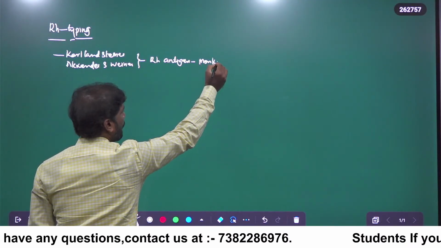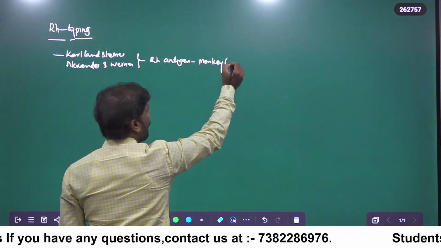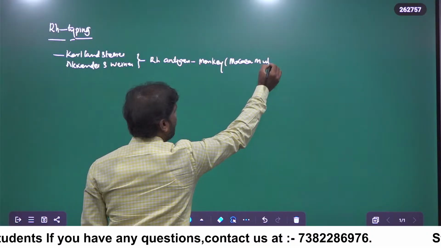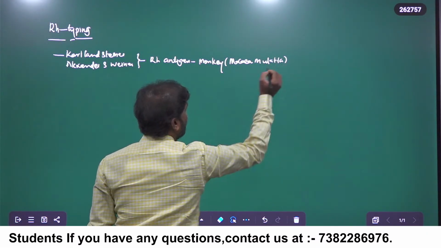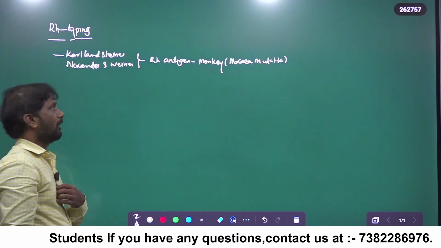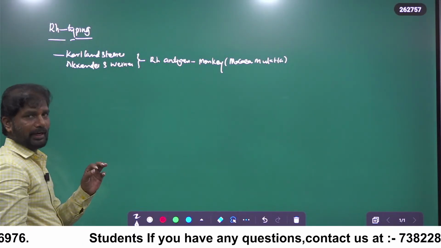The scientific name of the monkey is Macaca mulatta. So in the blood of the monkey, there is an RH type antigen that was identified.